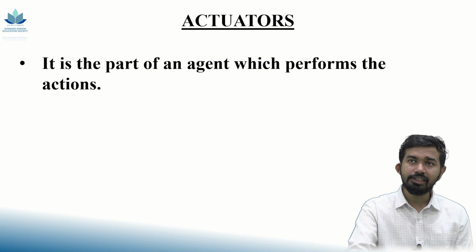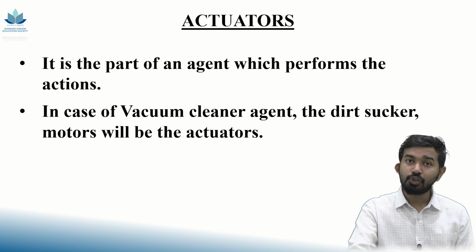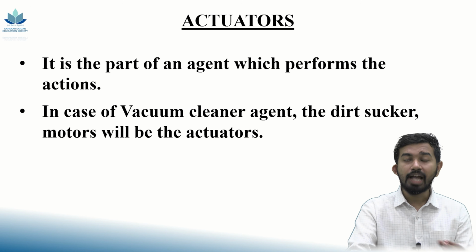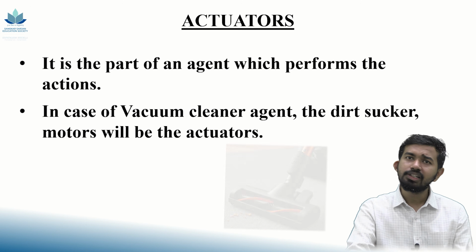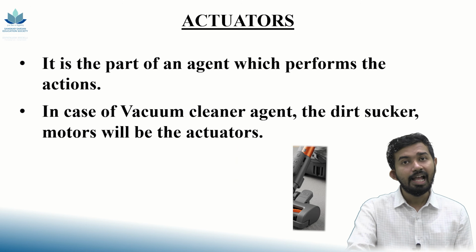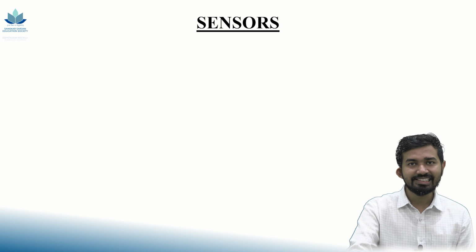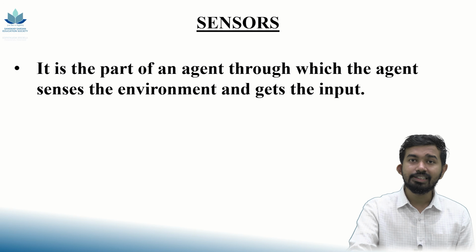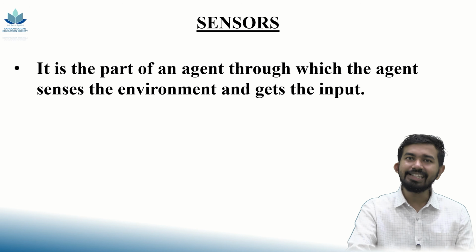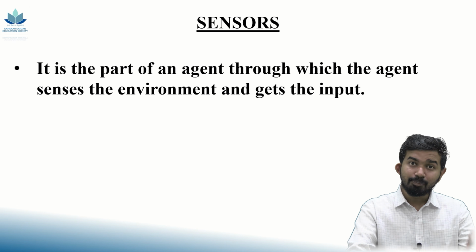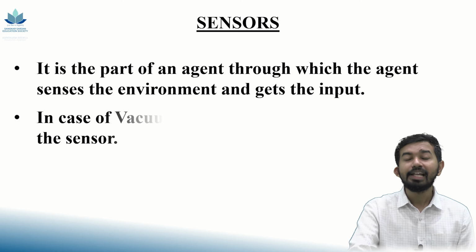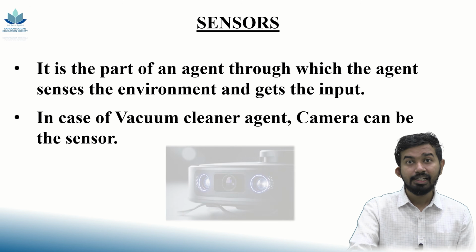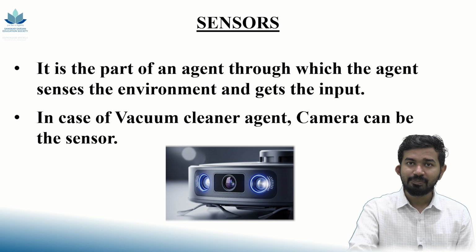Actuators are something that performs the action. In the case of a vacuum cleaner, the actuator can be the dirt sucker. And the last one is sensors. Sensors are something that sense the environment. It perceives from the environment. In the case of a vacuum cleaner, a camera can be your sensor.